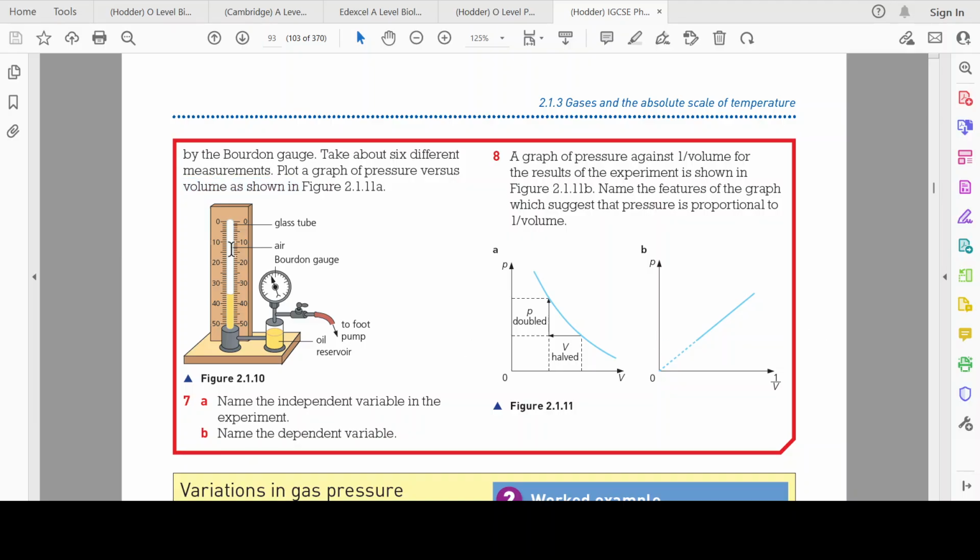So the volume is decreasing, the pressure should increase. That is what we would notice. According to this graph, which is much better made, you can clearly see as volume decreases, pressure increases. If you plot the inverse, you get a linear relationship.